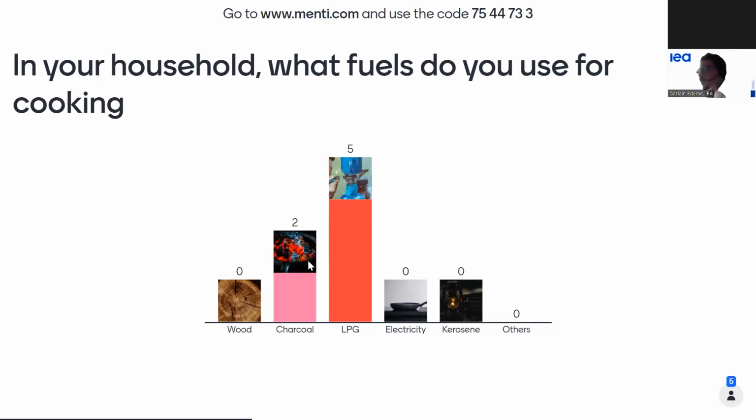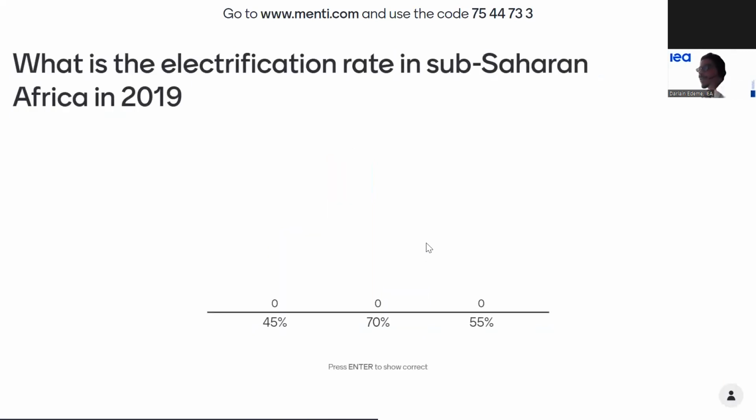Okay, I will move on with the next question, which is, what is the electrification rate in Sub-Saharan Africa? What was it actually, because this survey was prepared a few months ago, in 2019 in Sub-Saharan Africa. So you have 3 options: 45%, 70%, and 55%.